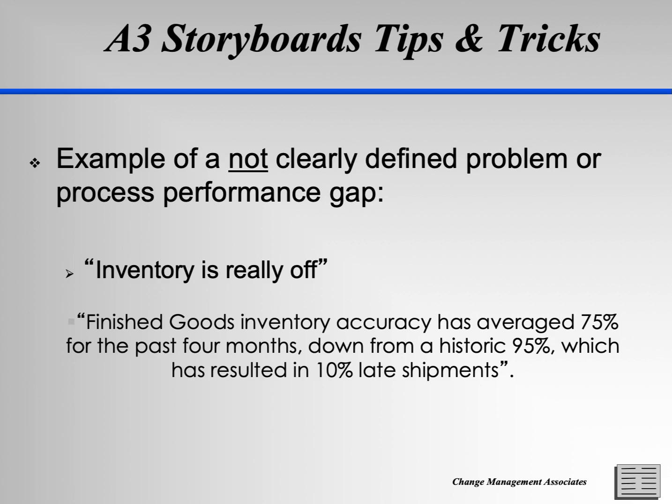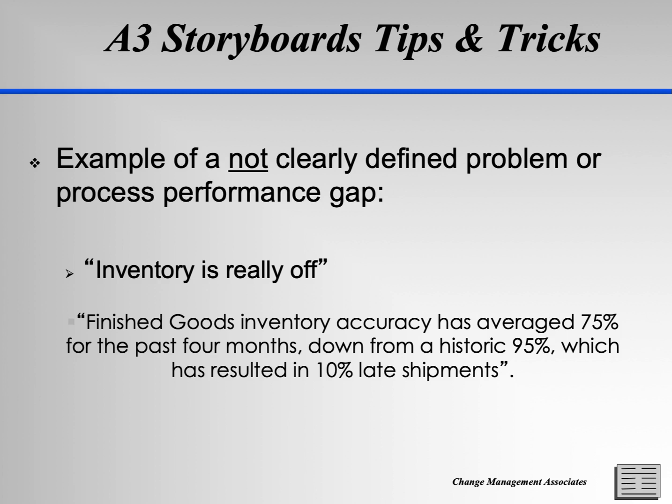This should be reworded to something more on the lines of: finished goods inventory accuracy has averaged 75% for the past 4 months, down from a historic 95%, which has resulted in 10% late shipments. This is much more specific. Finished goods inventory. There are other types of inventory.